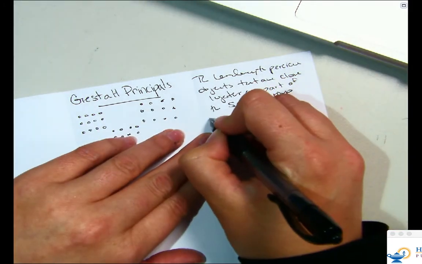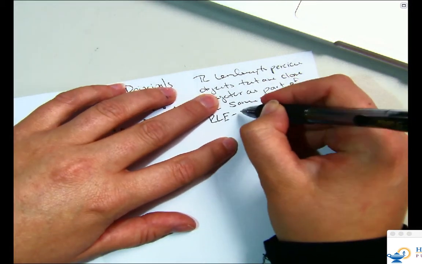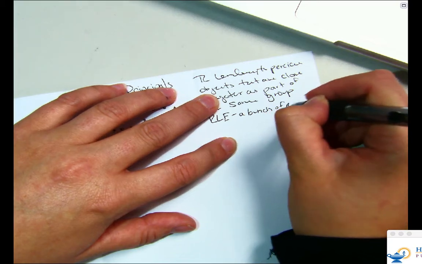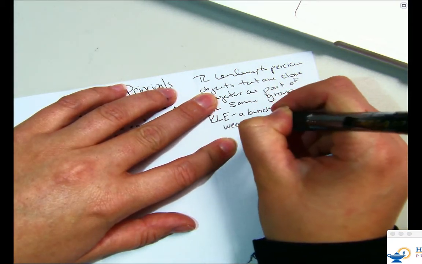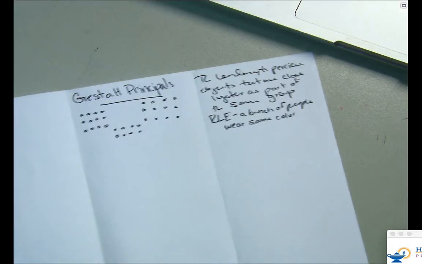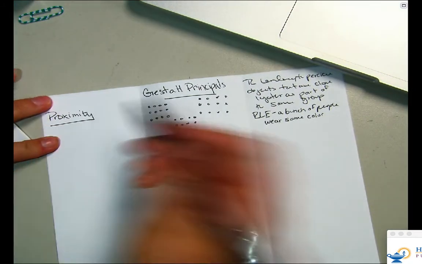Okay, so a real life example, okay? If a bunch of people wear same color, we assume they did it for a reason, correct? Okay, that's a real life example. Your second one is similarity.